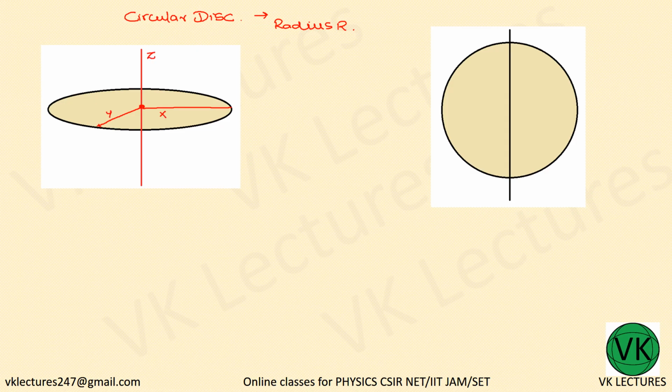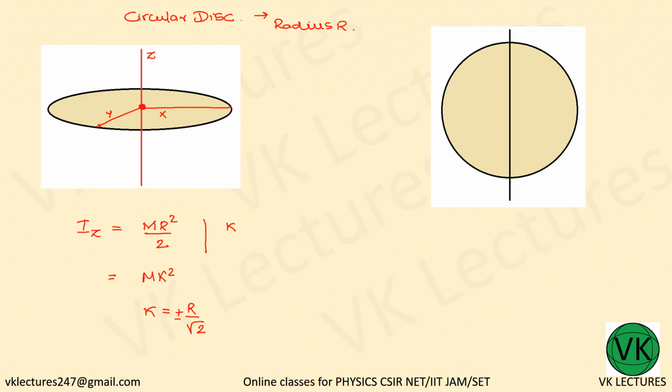So the moment of inertia, when you have a rotation here, is Iz is equal to mr square by 2. Now when you write down the radius of gyration k, Iz is equal to mk square, we can write k is equal to r by root 2. So plus or minus r by root 2 is the radius of gyration.